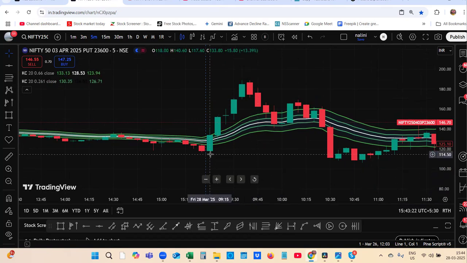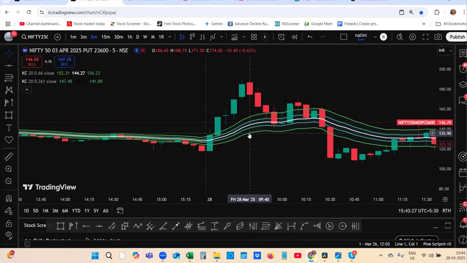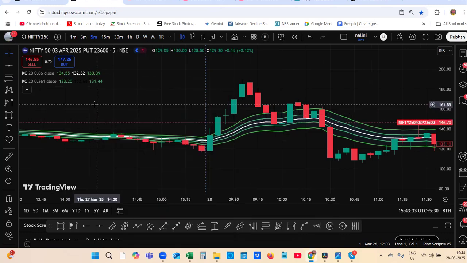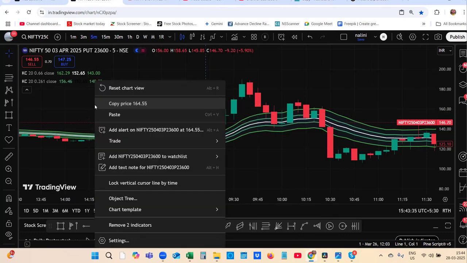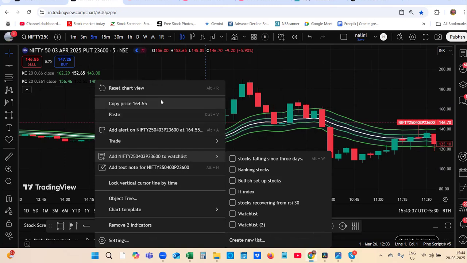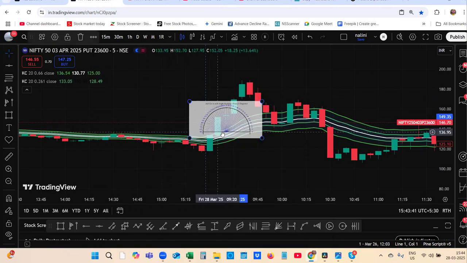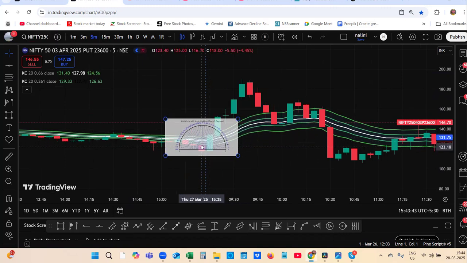See, when the price started closing above, you don't need a protractor; to make it simple for you people. I'm not able to put the protractor over here. Yeah, I can put the protractor over here. If I put the protractor here, see, it has started from 0 degree.